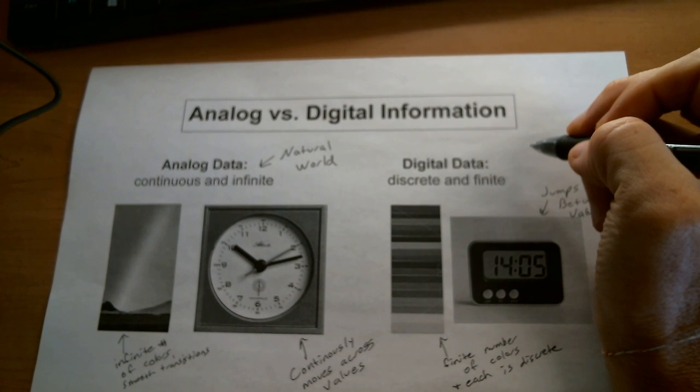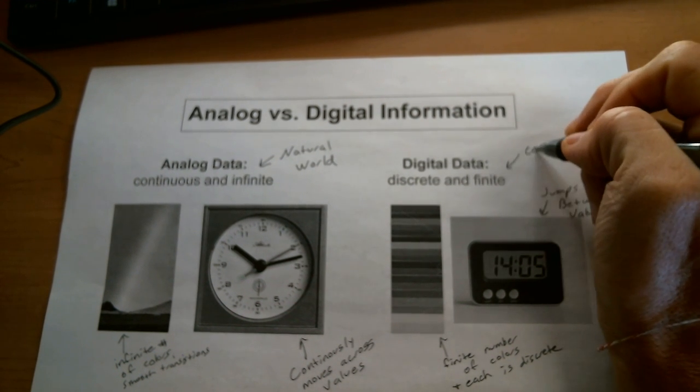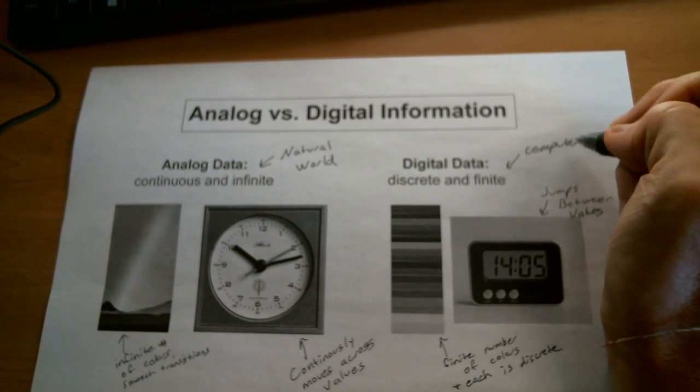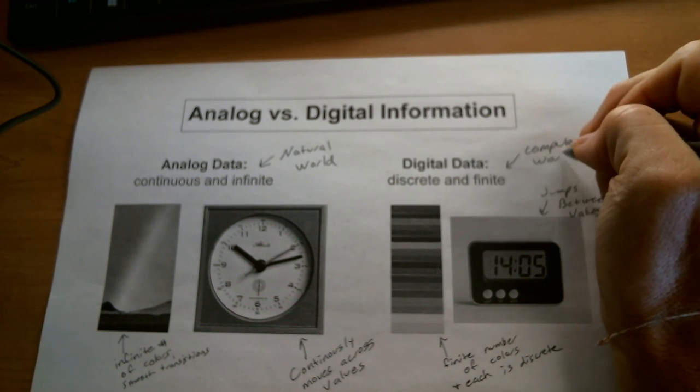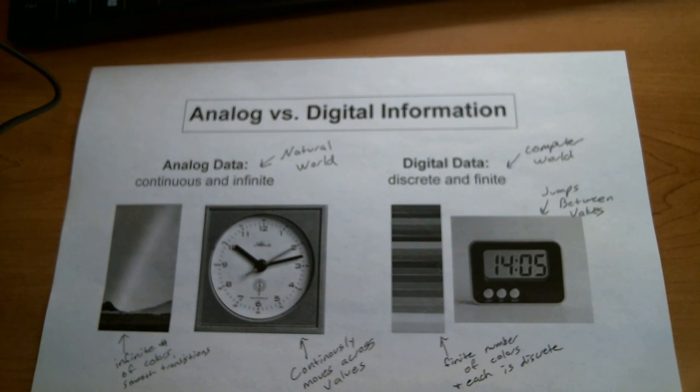So the digital data is what we use in the computer world. The analog data is what primarily exists in the natural world.